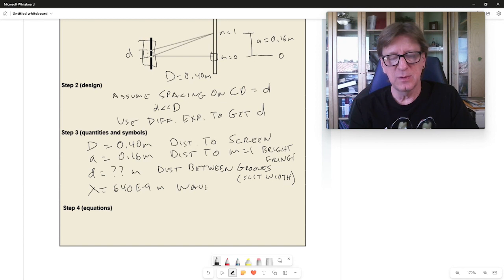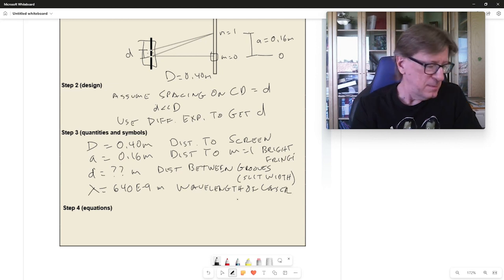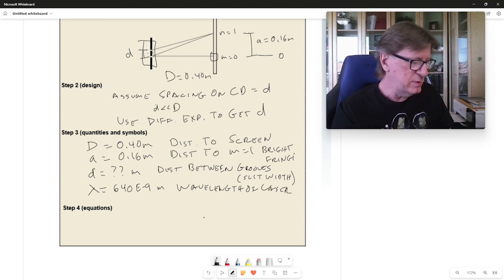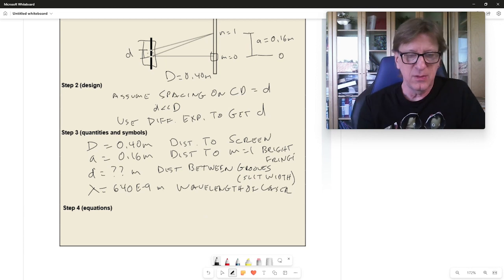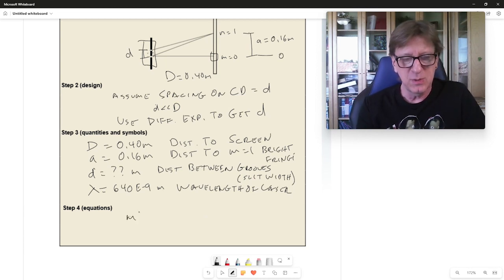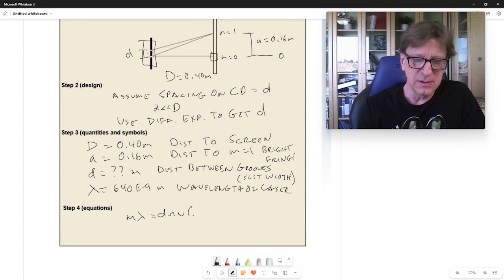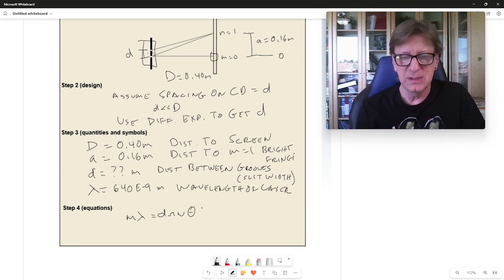So this is going to be the wavelength of our laser. Okay. So now all we need is our equations. And of course, the most important equation is going to be our diffraction relationship. And so we know that m lambda is going to equal d sine theta. d is what I'm solving for.